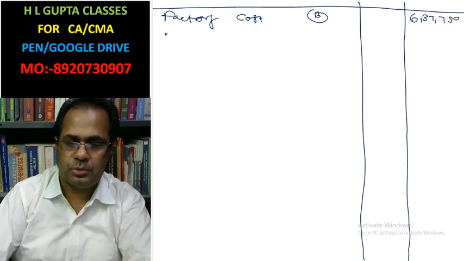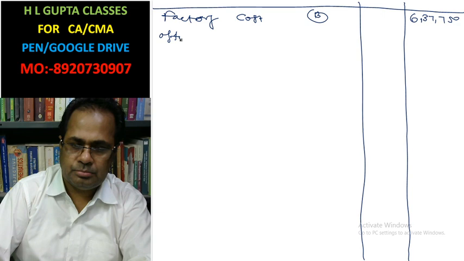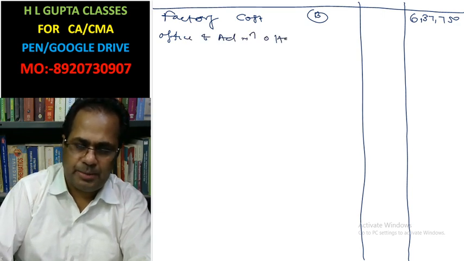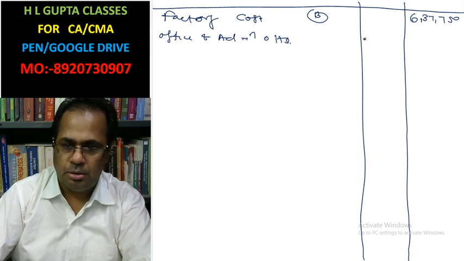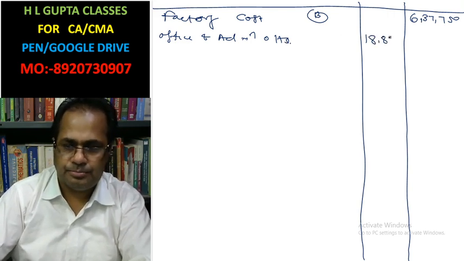Now this is office and administrative overhead 18,870.